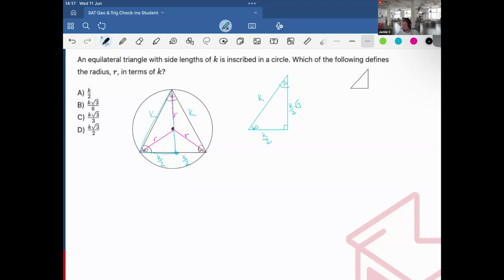And friendly reminder, this is given to you on your formula sheet, but it's good to know anyway, as you see, because I'm solving it so quickly with my knowledge. It's always x, x root 3, 2x. Okay, so next, if I want to get the radius, we can see this triangle here actually creates another 30, 60, 90 triangle.